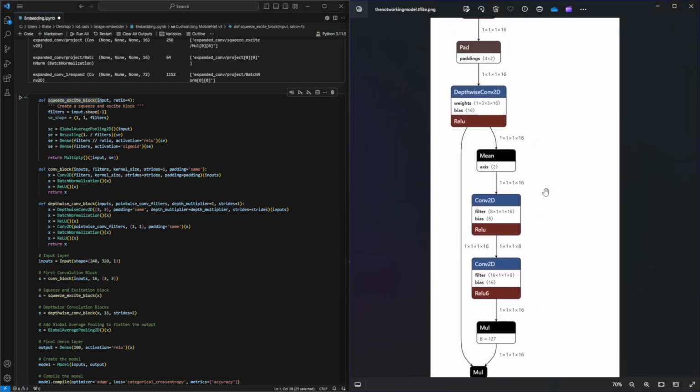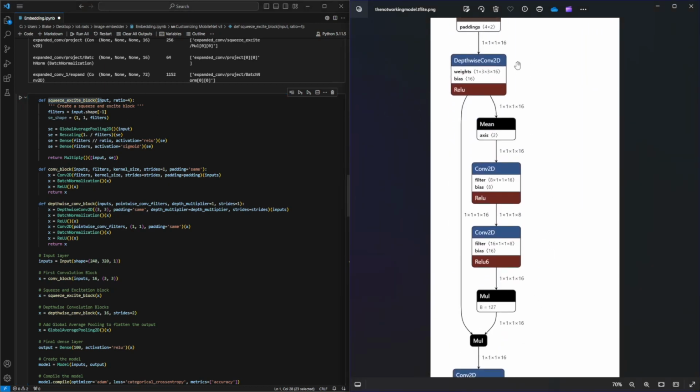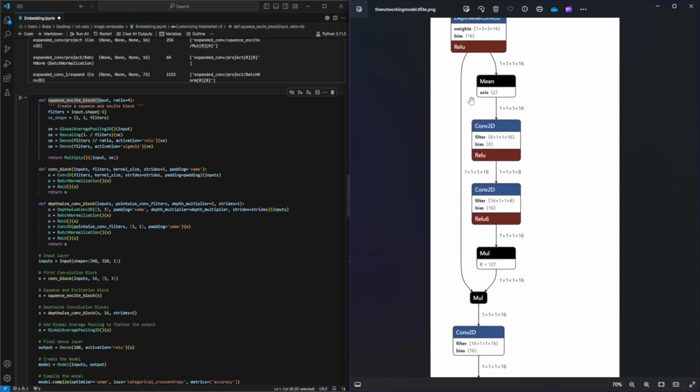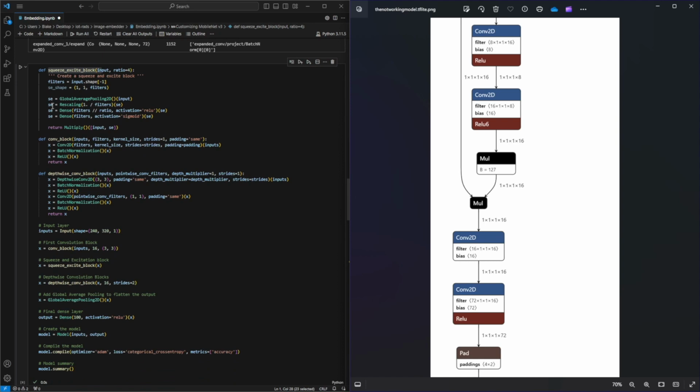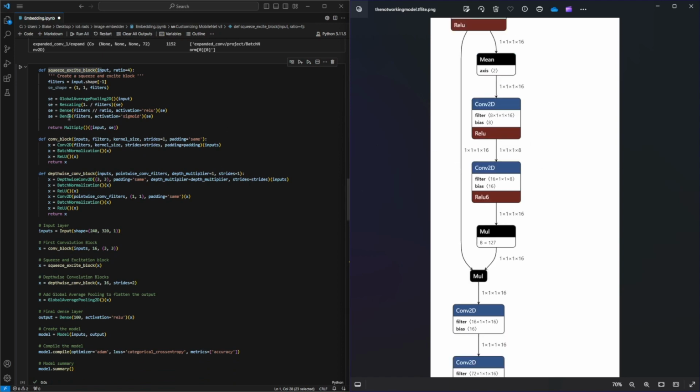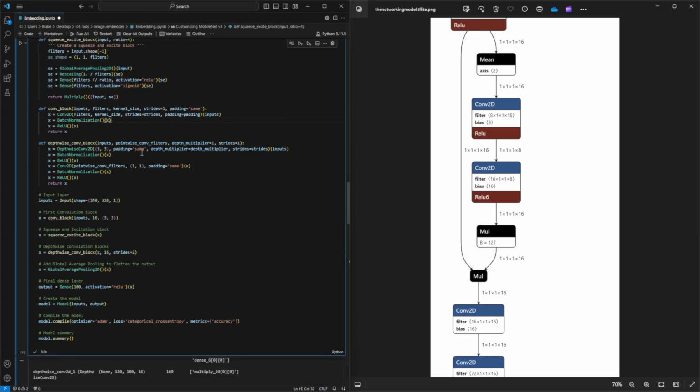This imitates this block right here, which follows any kind of convolution with an internal convolution and dense layers within them, and then multiplies the initial input. So it brings a relation from the initial input to the output of the other branch. Over here, instead of having multiple convolutions within the squeeze and excite block, we used dense layers. And the reason for this is because they simply did more with less parameters. And it's what worked best for us.